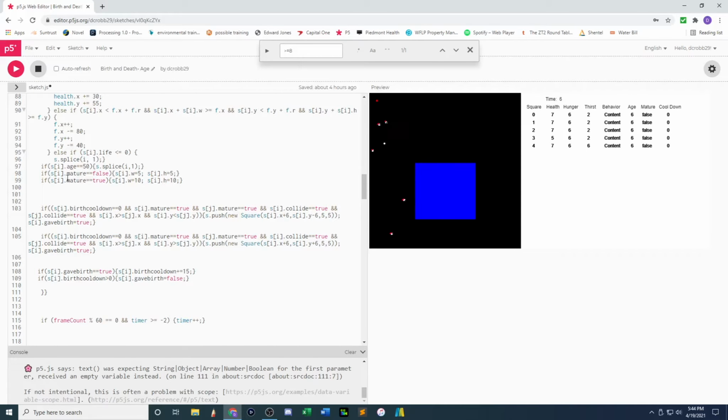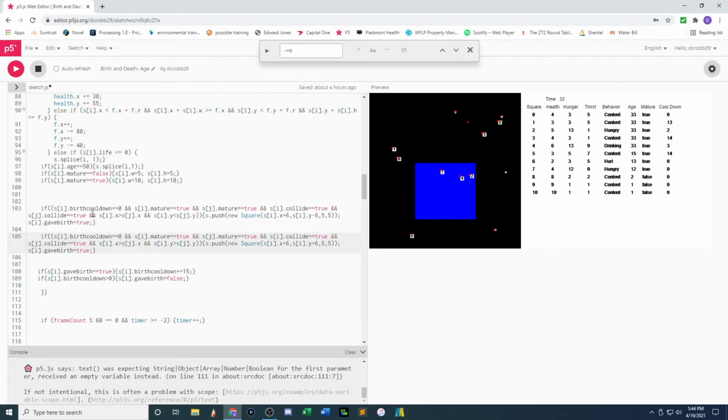What else did I add? Let's see. I was talking about that. They push a new square. Yes. I specifically only wanted the squares to the left or above to give birth, so I didn't want both of the individuals giving birth. So I did not say push a new square to... Oh, here it is.